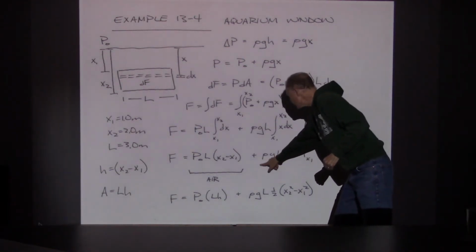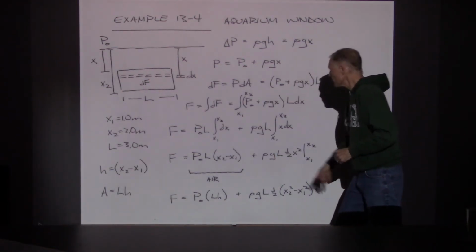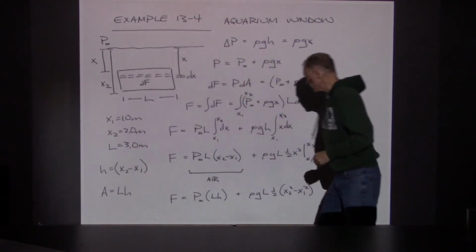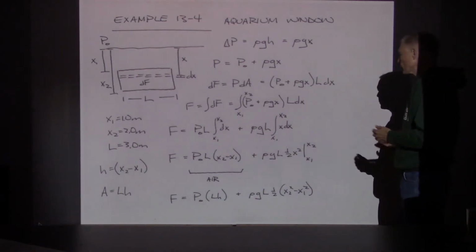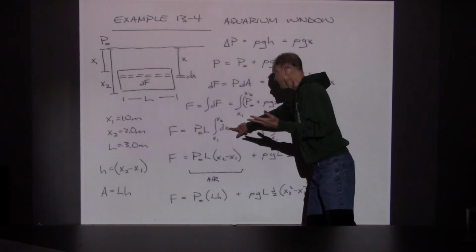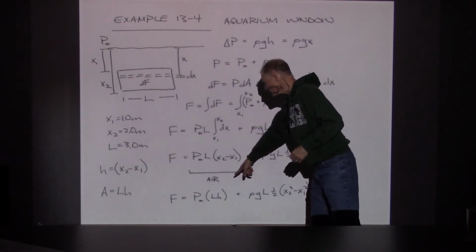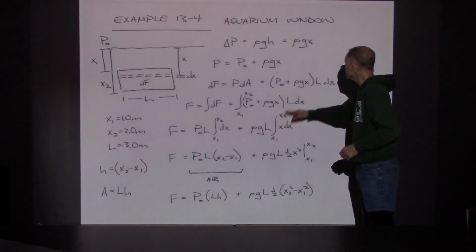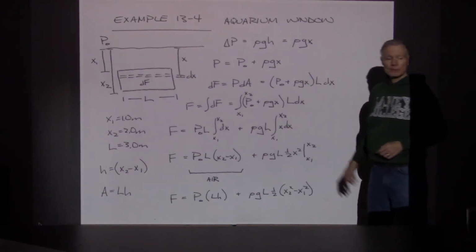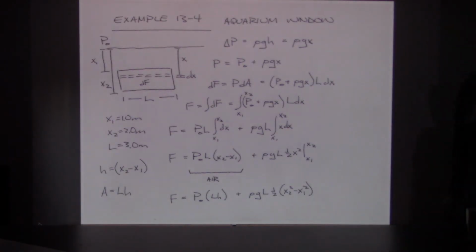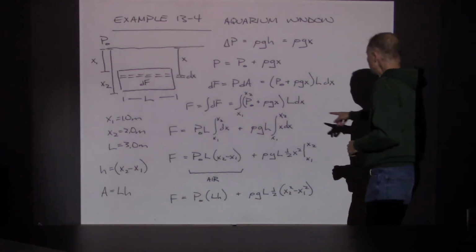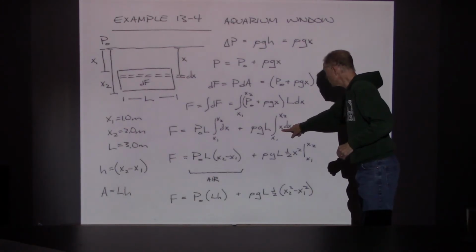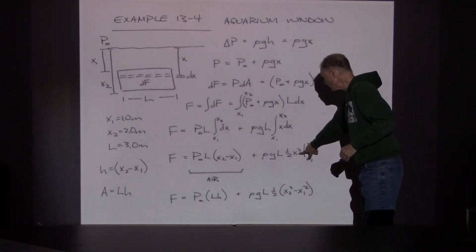When I carried out the integrations, this is just dx. That just integrates out to be h. But there's an extra factor of x here, and that factor of x is coming from the increasing pressure. So this is keeping track of increasing pressure. When we integrate that, we get 1/2 x squared.